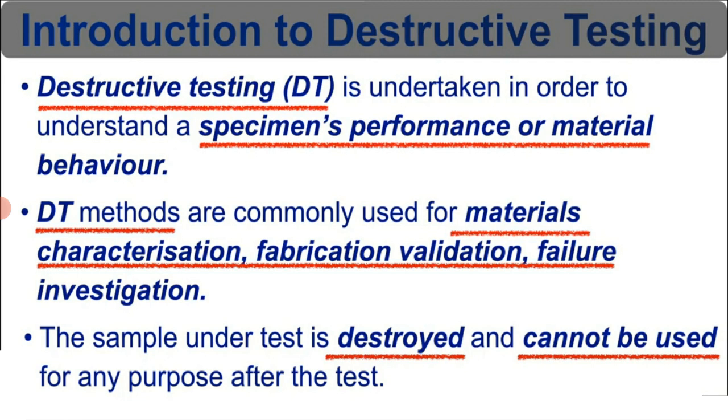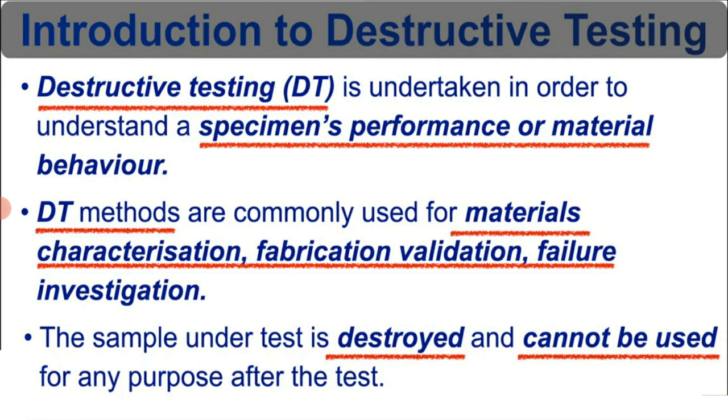Destructive testing is undertaken in order to understand a specimen's performance or material behavior. Destructive technique methods are commonly used for materials characterization, fabrication, validation, and failure investigation. The sample under test is destroyed and cannot be used for any purpose after the test.